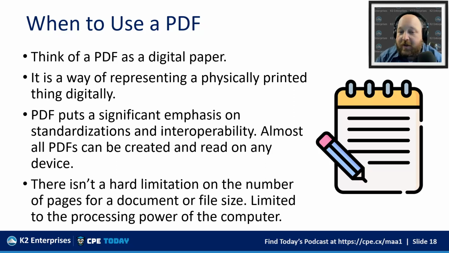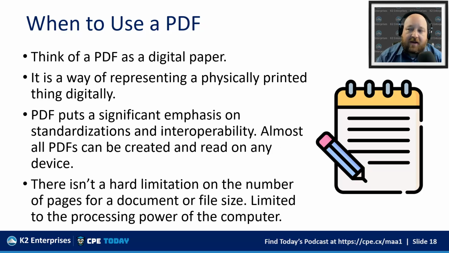Now, one of the cool things with respect to Acrobat, this is a feature that's not widely used, but you actually have the ability to easily split up really big documents if you need to. So let's say, for example, you had a document that was 10,000 pages and you wanted to separate it into 10 documents of 1,000 pages a piece. Well, Acrobat can do that automatically for you.